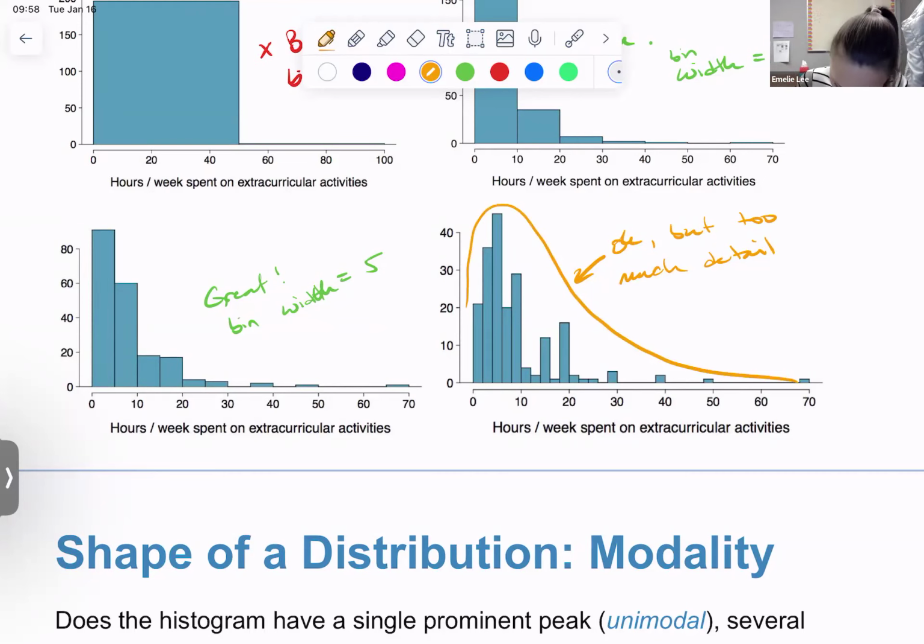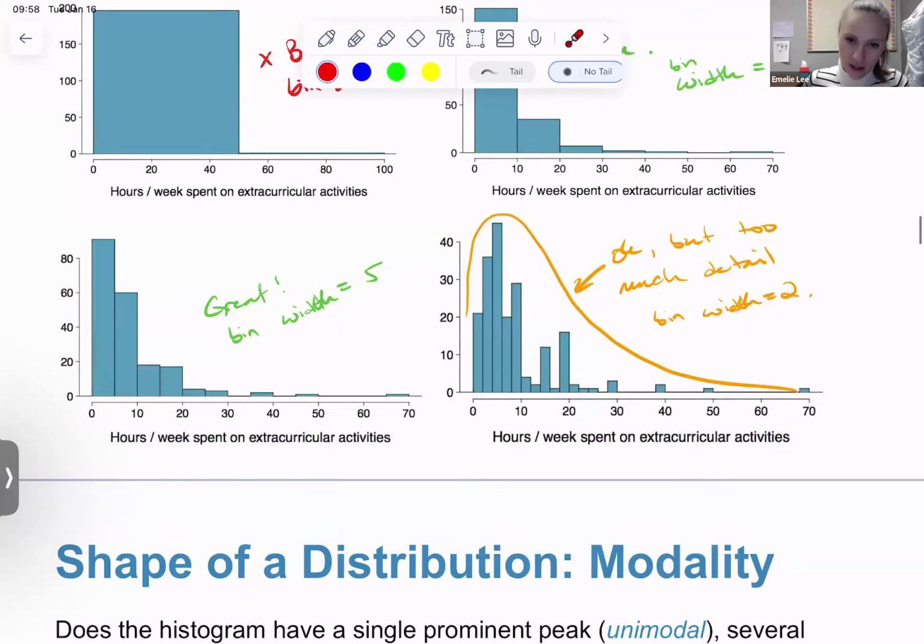It looks like the bin width here might be 2, 2, 4, 6, 8, 10. Bin width equals 2. Yeah. So you don't want to get bogged down with these tiny details, right? Because in general, it's increasing, decreasing, and then dropping off.